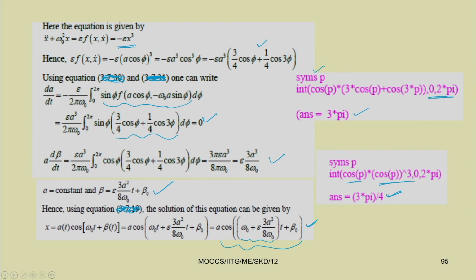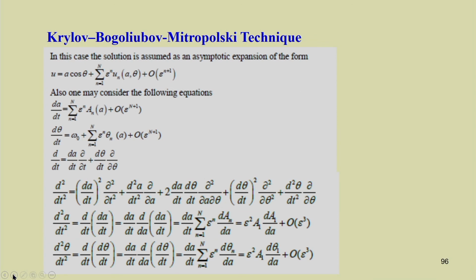In this Krylov, Bogoliubov, Metropolsky method, u is assumed to be in the form a cos theta plus summation n equal to 1 to n of epsilon n u n of a and theta, plus order of epsilon n plus 1.